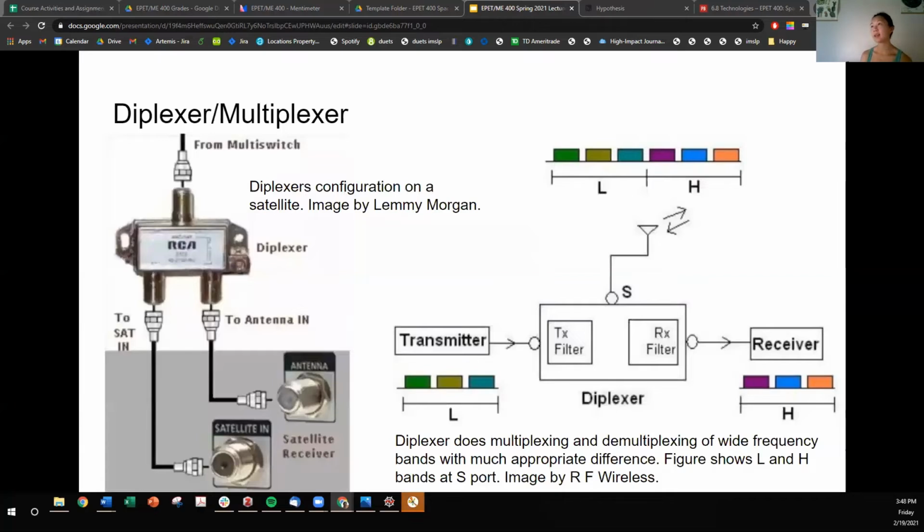So what is a diplexer or a multiplexer? A diplexer separates two different frequency bands in the receive path and combines them in the transmit path. These frequency bands usually will be wide apart in the frequency domain for the diplexer to work satisfactorily.